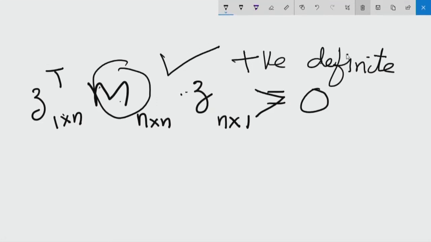Got the idea of positive definite? Therefore, for any given matrix of real values, we can check whether that matrix is positive definite or not.